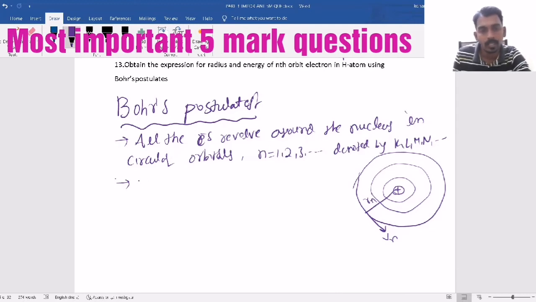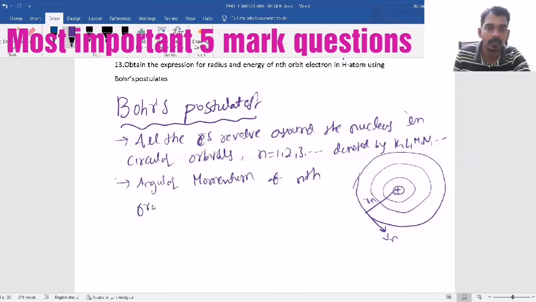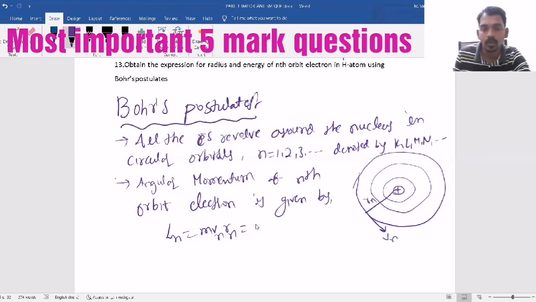Then what he said is the angular momentum of the nth orbit electron is given by Ln equals m v r, angular momentum of a particle, that is quantized.